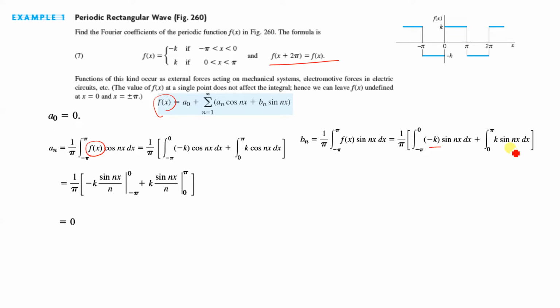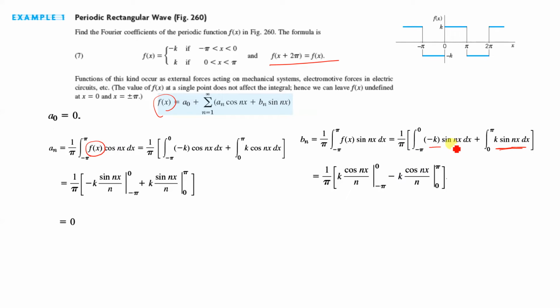For the next interval, 0 to pi, the value of the function is k. After plugging in, we have this integral. Now let's evaluate these. So 1 over pi times k, because k is a constant and is not going to contribute in the integration part, so we can factor it out.